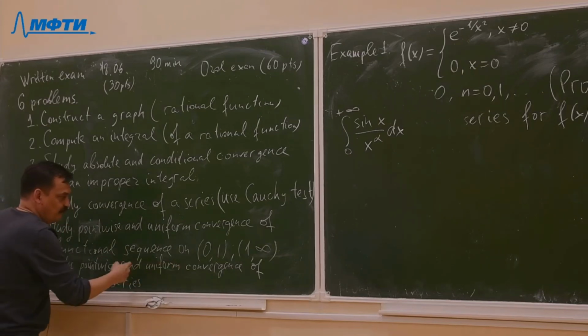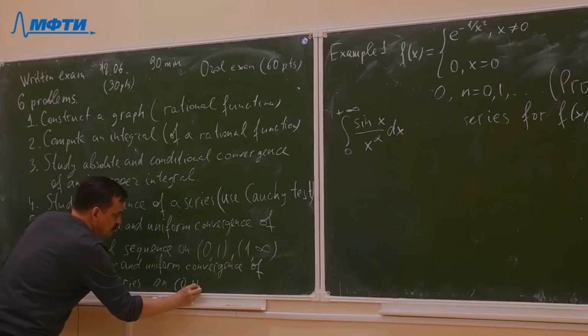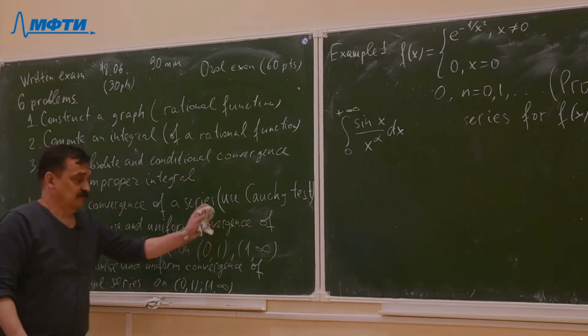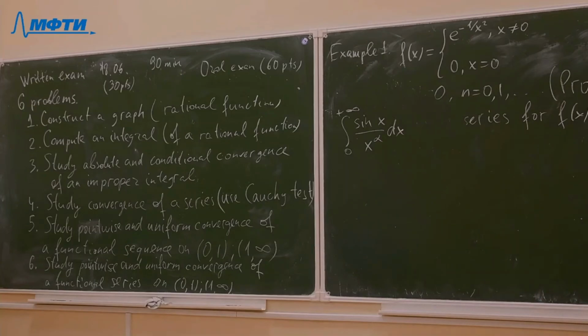Again, uniform convergence on 0, 1 and 1, infinity. So, for one of them you have uniform convergence, for another you haven't uniform convergence. So, you need to prove when you have uniform convergence, when you haven't. That's it.